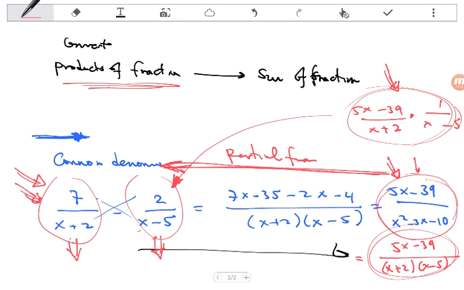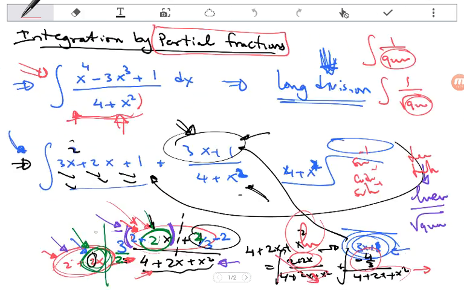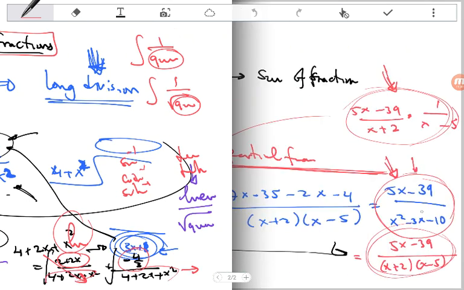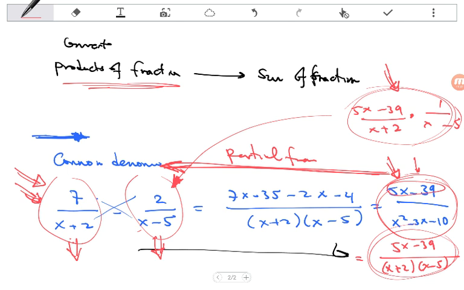Maybe you can deal with this expression the same way we have dealt with this one, by expressing the numerator in terms of the derivative of the denominator, then making a complete square. But if I deal with it in partial fractions, I just put it in this expression, and each of these terms will be integrated easily as ln. So the result of this integration will be just as easy as 7 ln x plus 2 minus 2 ln x minus 5. Okay?